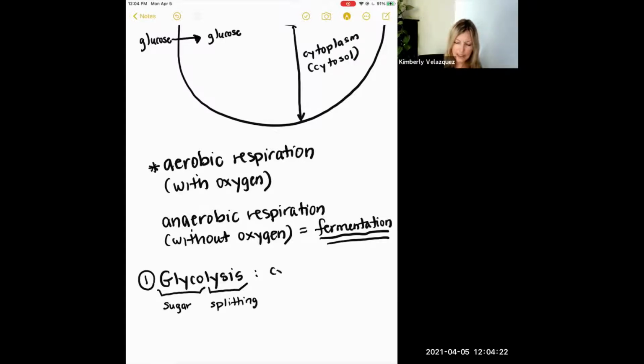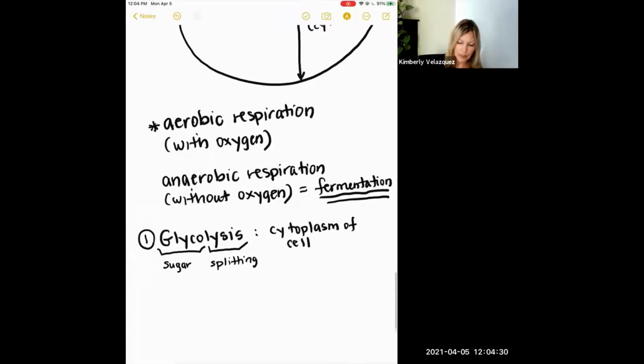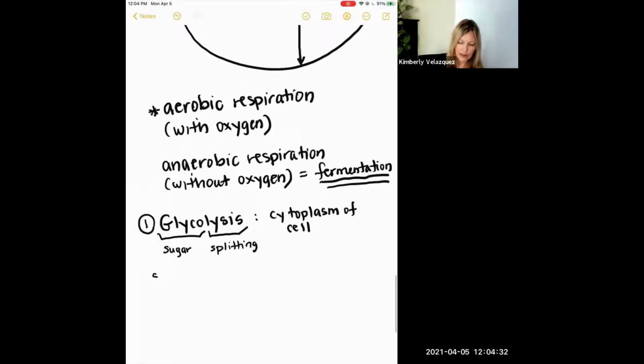And this is happening in the cytoplasm of the cell, when glucose first enters the cell. And that's what we start with in glycolysis. The cell starts with glucose. And glycolysis is pretty complex. It's 10 steps.